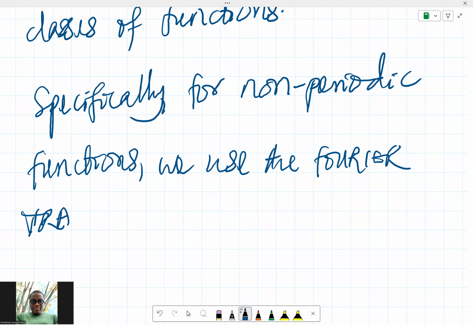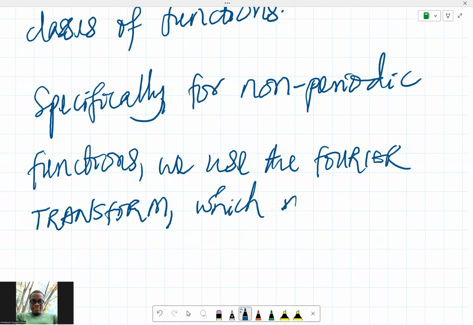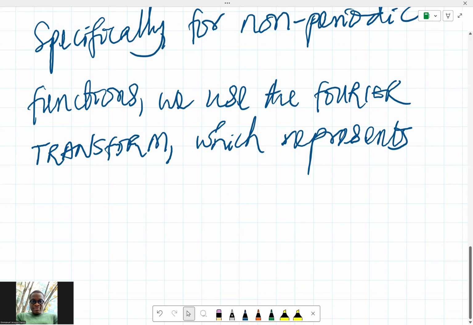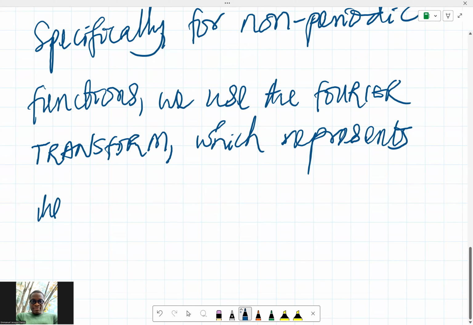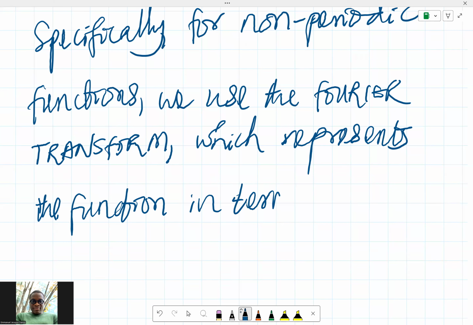We use the Fourier transform, which represents the function in terms of continuous frequencies.